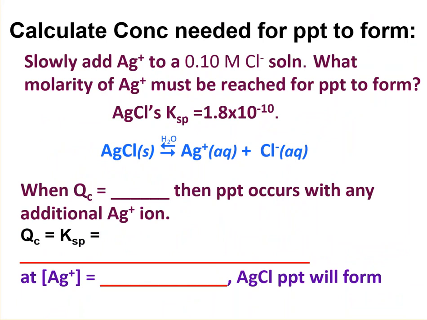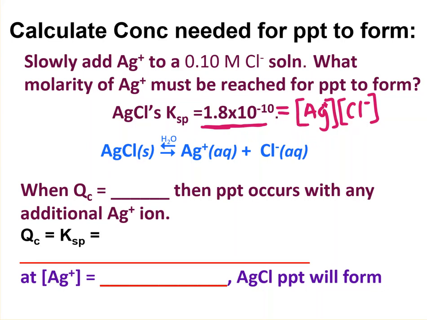If I want to predict when a precipitate will form, what I will be doing is saying at what point do I get to this number for my ion product. In other words, when is that number equal to the product of these concentrations, because that is the point where it just crosses from dissolving to overall forming a precipitate.